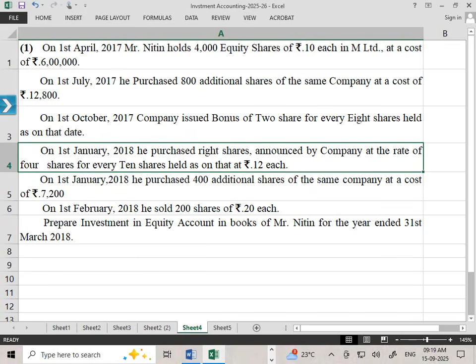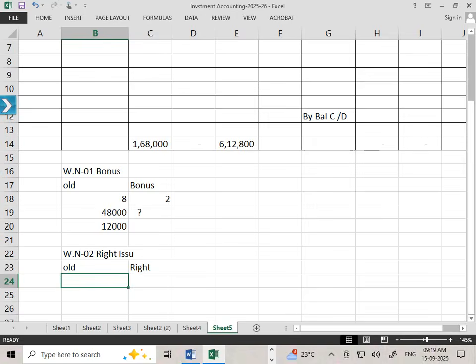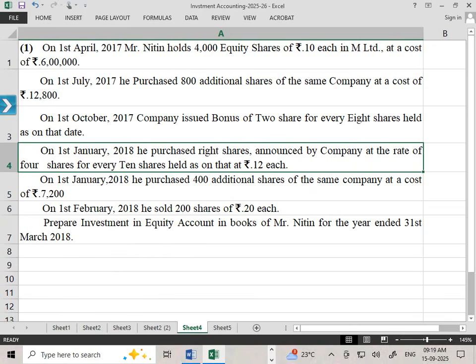What is the ratio? For every 10 held, they will get 4. If you hold 10, you will get 4 on that date. What is the date? The date is 1st January.